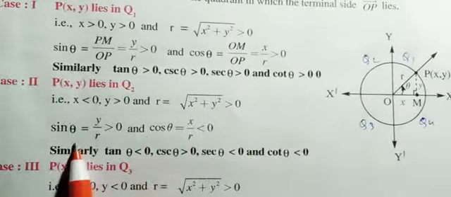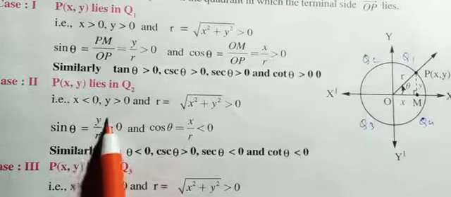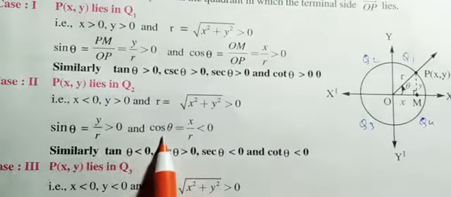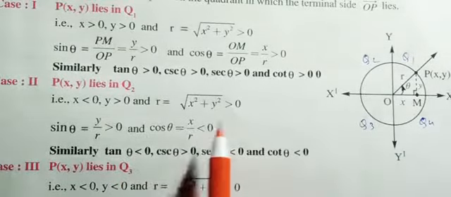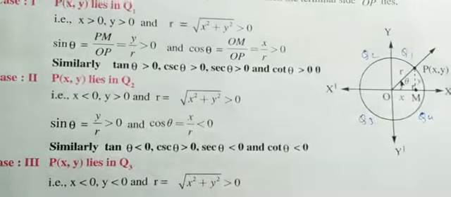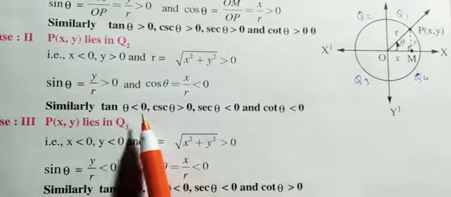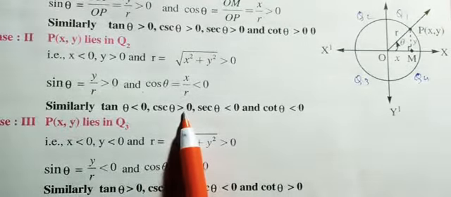Now sin theta is equal to y by r. Here y is positive, so y by r is also positive, that is greater than 0. Here x is negative, so cos theta, x by r, is less than 0. Similarly tan theta is less than 0 and cosec theta greater than 0.